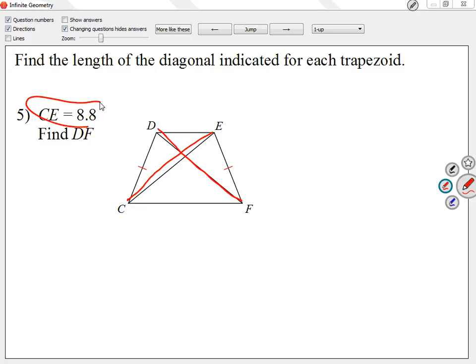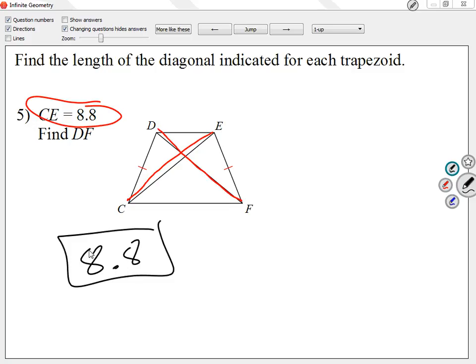How big is DF? 8.8. On your quiz tomorrow, you will have some decimals, but I think these decimals are easy to work with. You will be doing those in questions 5 through 8. You notice all those 4 are isosceles trapezoids. Any questions for the first 8?